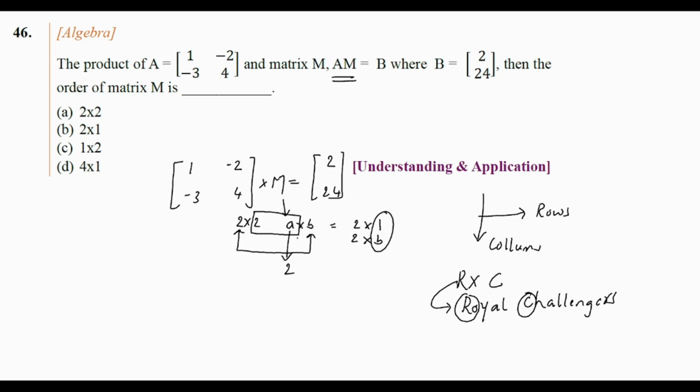It is 1. So the order of this matrix M is A cross B, with A as 2 and B as 1. So 2 cross 1 should be the right answer. Clear, children? So what is the option? Option B, that is 2 cross 1.